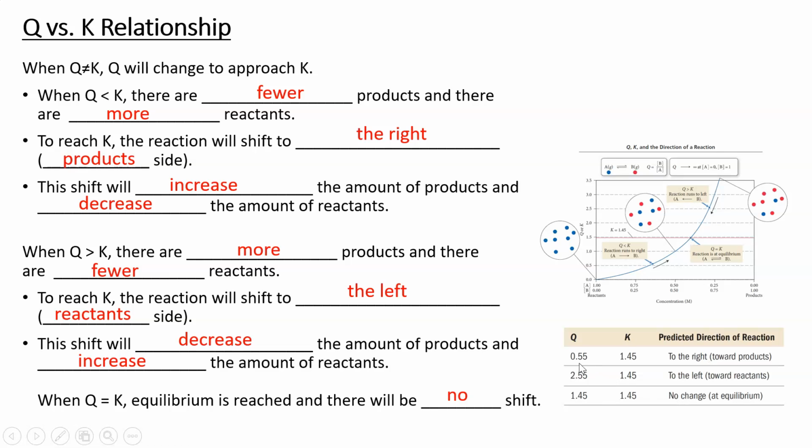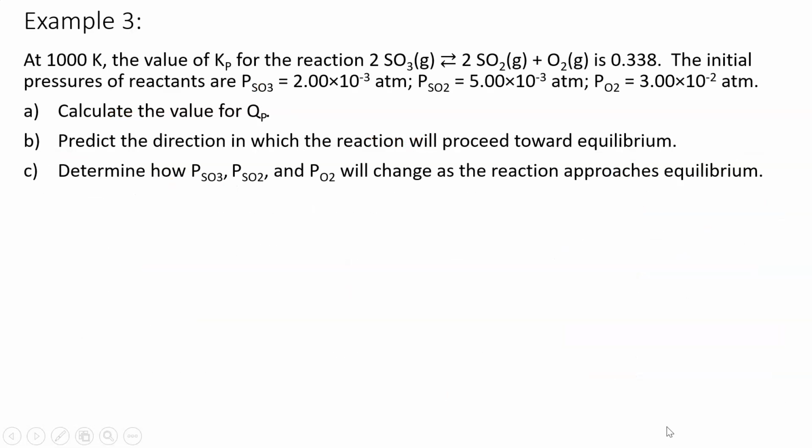So again, if Q is 0.55, it would shift to the right because K is 1.45. If it's 2.55, it would shift to the left because K is 1.45, and if it is 1.45, there's no change. It's already at equilibrium. Keep in mind, K is always the same unless you change the temperature. So for a given reaction, K is constant unless you change the temperature.